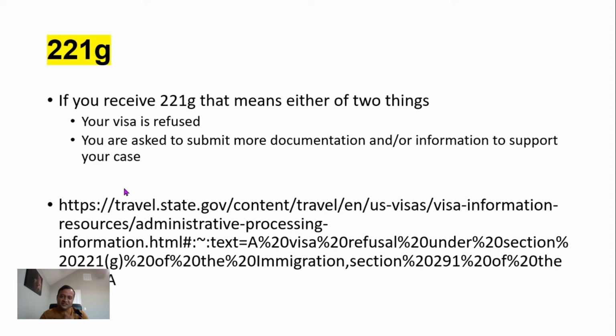So 221G, let's talk about this. This is not a US visa status. Sometimes when you go to your interview, they give you a little slip which has 221G written on it. If you get your passport back during the OFC appointment or the visa interview appointment, that usually means your visa is refused.